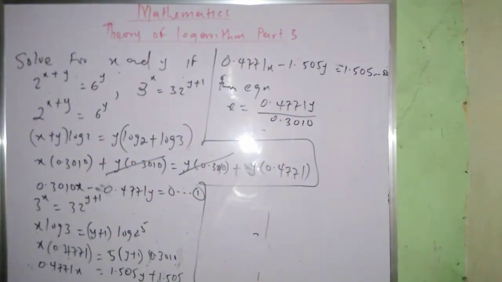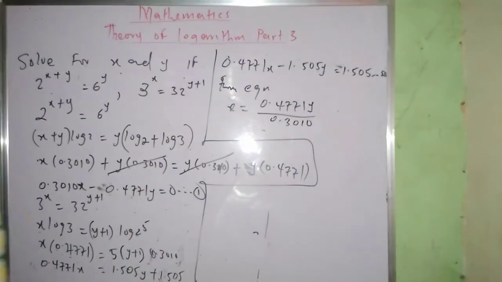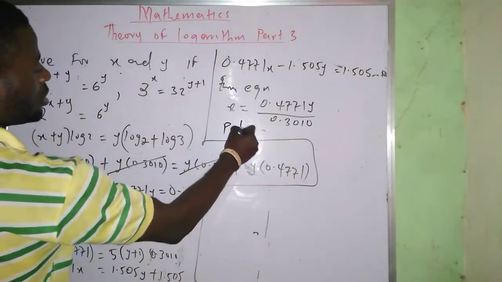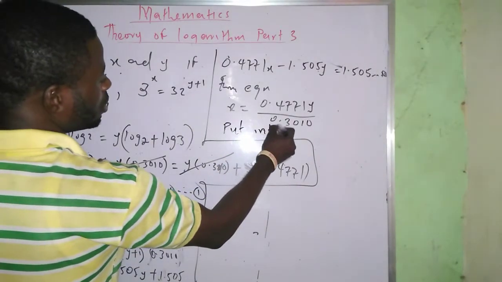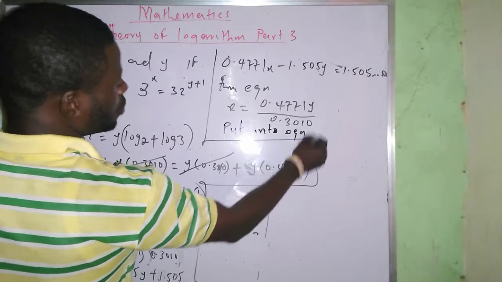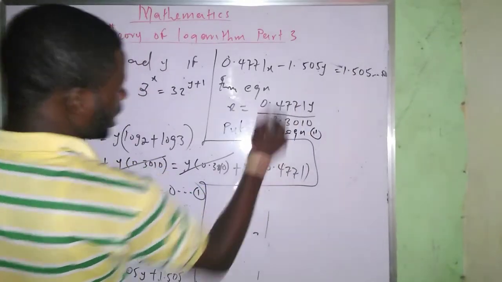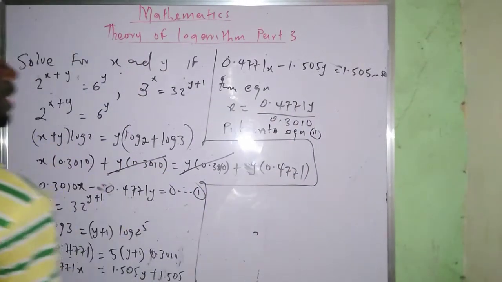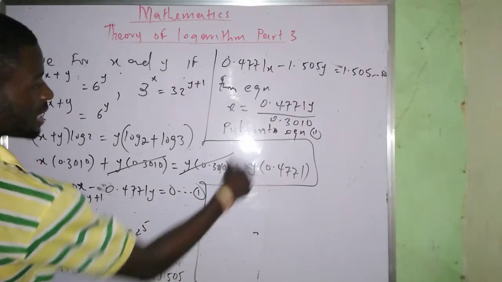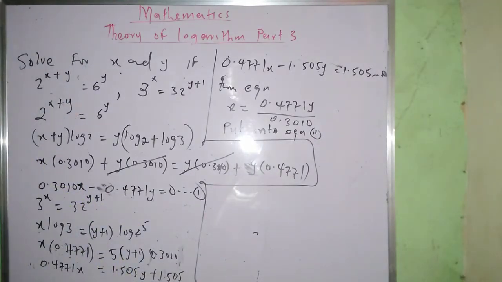Now, since I have that, I can put this into equation 2. Since I put it into equation 2, we solve and solve. Once you solve, you generate your x, you generate your y in terms of decimal. That's just the value.